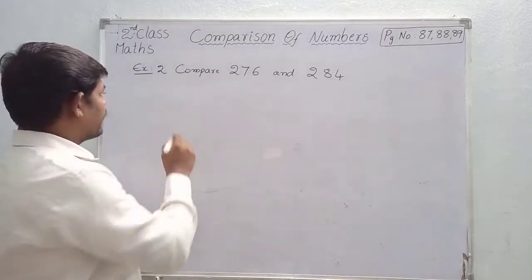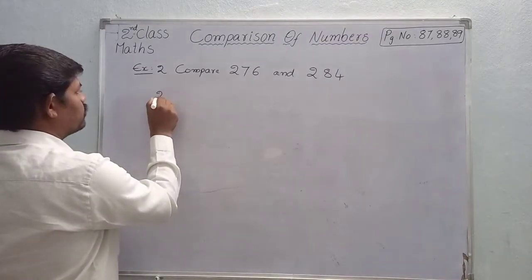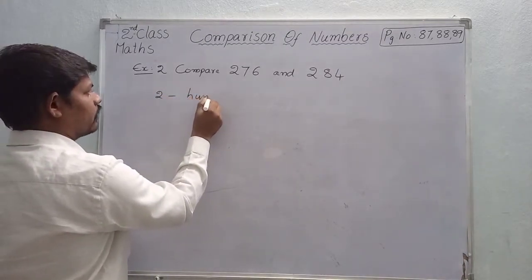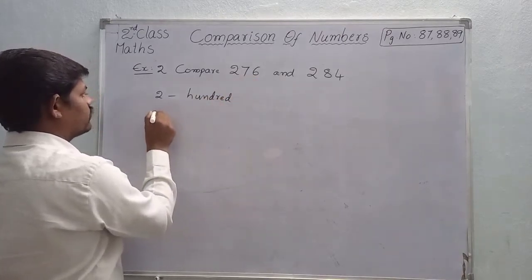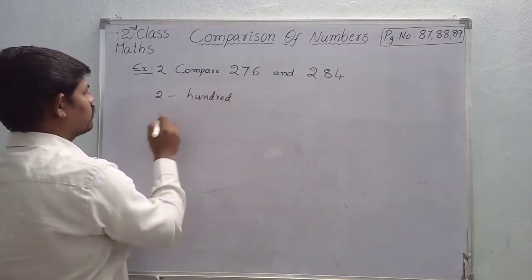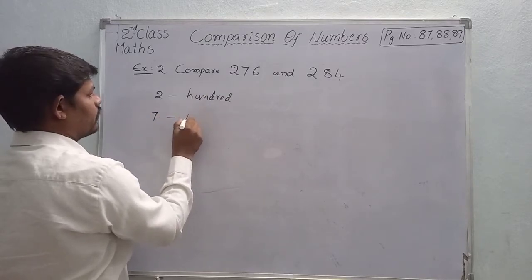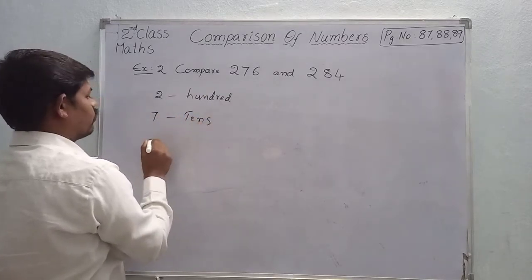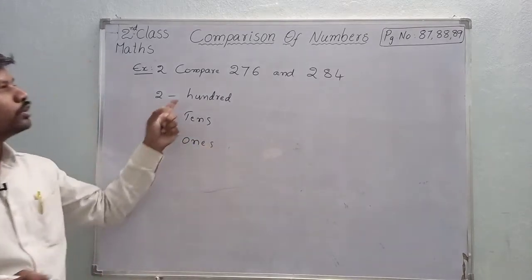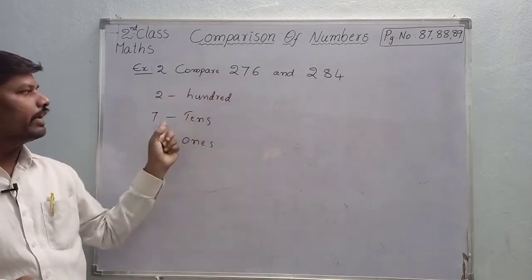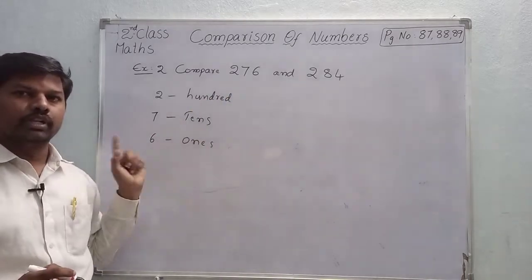So how many hundreds? 2 hundreds. Here hundreds place 2 is there, and tens place 7 tens. Ones place 6. So 2 hundreds, 7 tens, 6 ones.